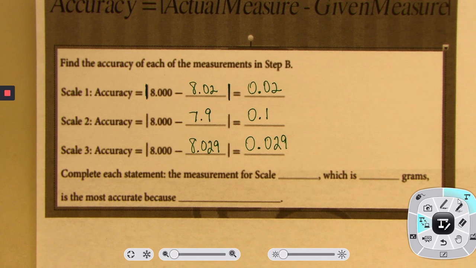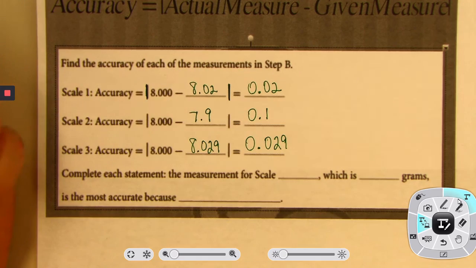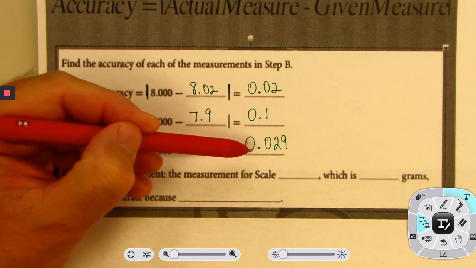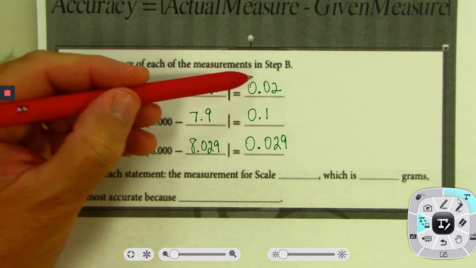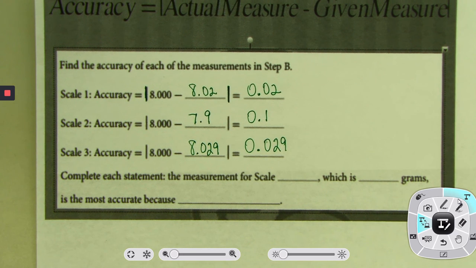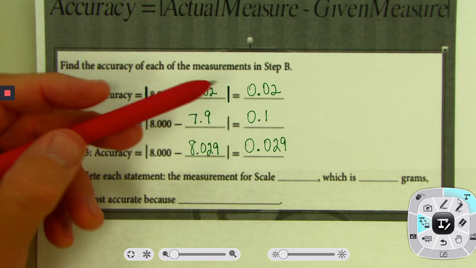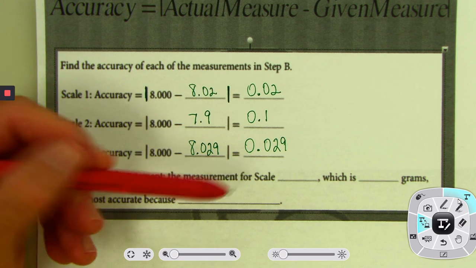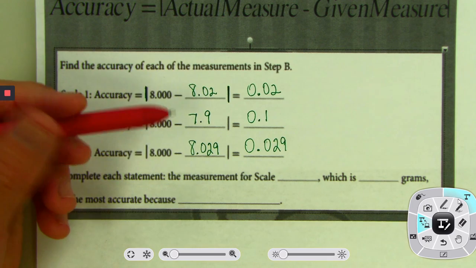Here's what I need to do. I need to determine which of these measurements of accuracy is the smallest, because the smallest one of those is the most accurate, because it's the closest to the target that we're looking for. You may remember from middle school when I go to compare decimals, I take it decimal place by decimal place.